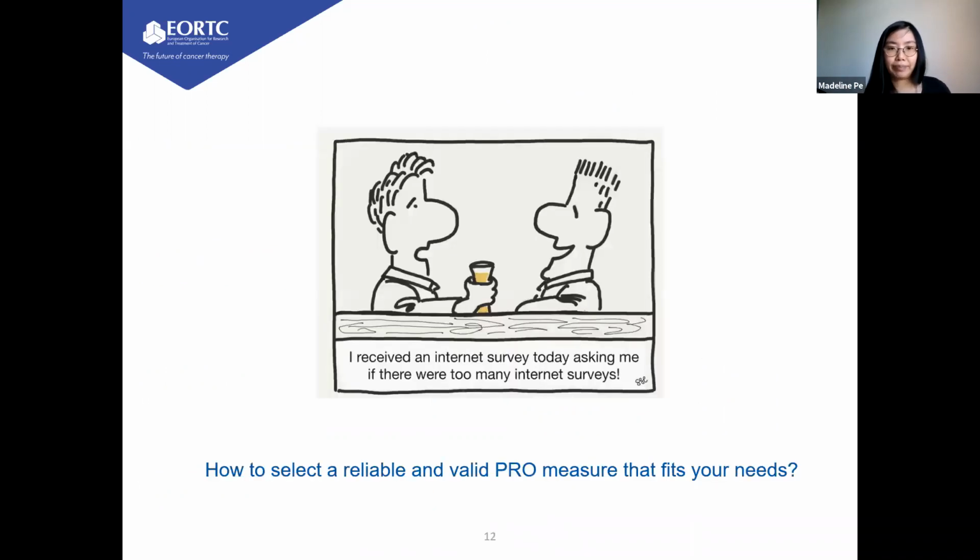So just so you know, the QLQ-C30 and its modules are not the only questionnaires that are available, right? So there are so many questionnaires out there. And the question always is, how do you select a reliable and valid measure that fits your needs? So here we're just going to give you 5 tips, I guess, 5 suggestions on how to choose a measure.